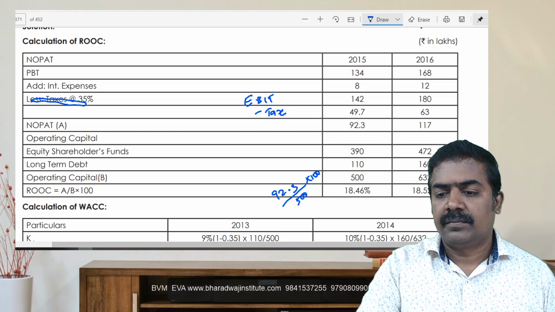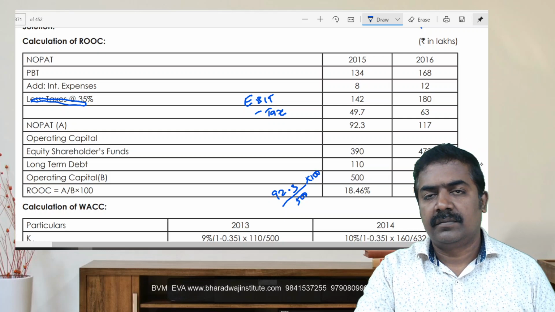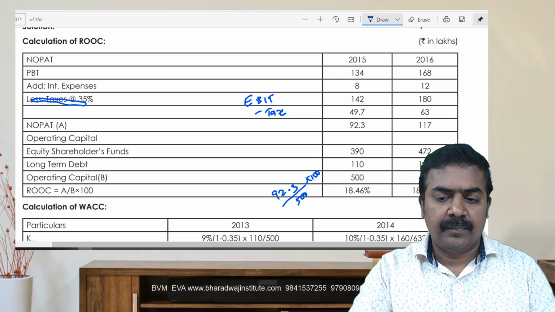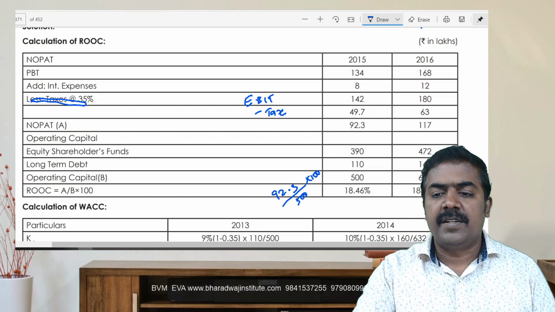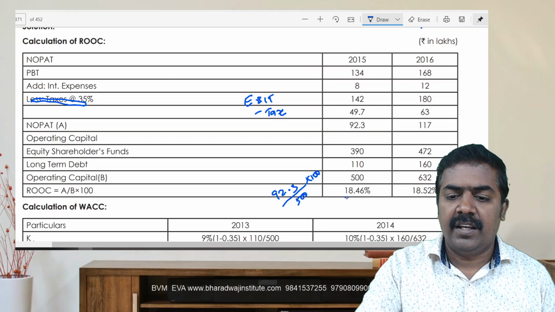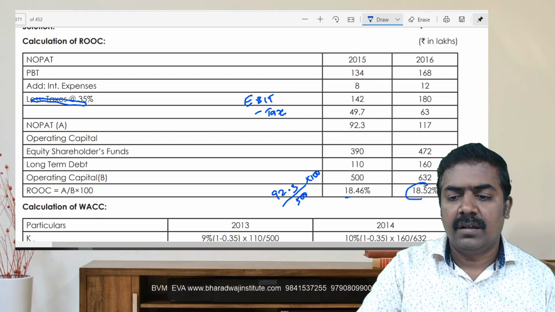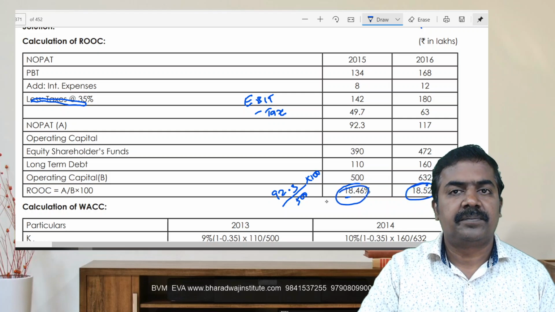This one, 117 divided by 632 into 100. They have solved by the second approach. We get return on capital employed. This is 18.46%. The other one is how much? 18.52%. Like that, we get return on capital employed.